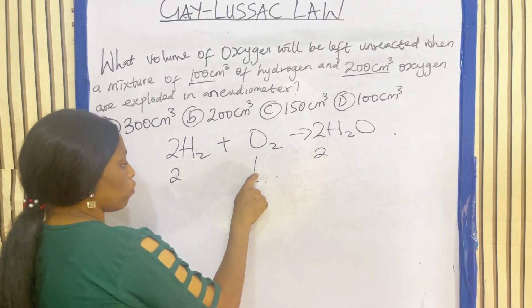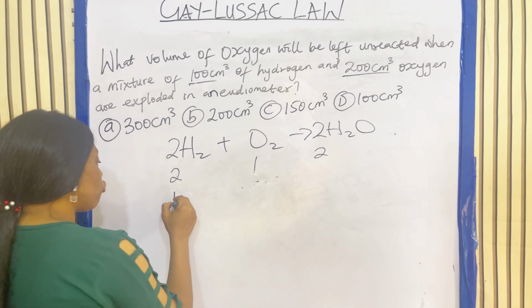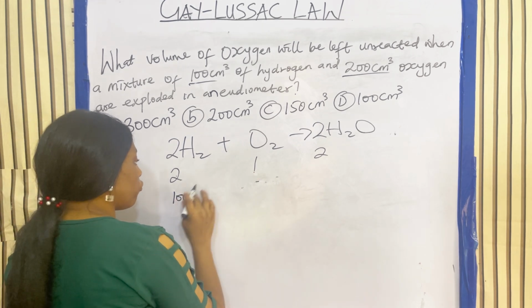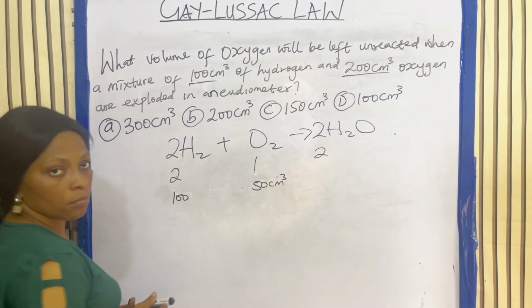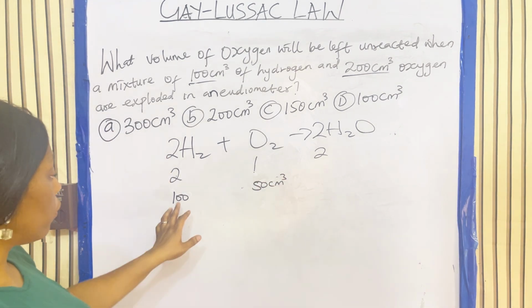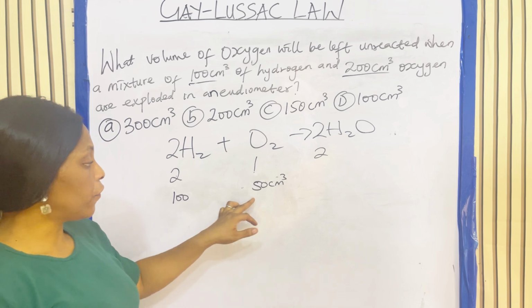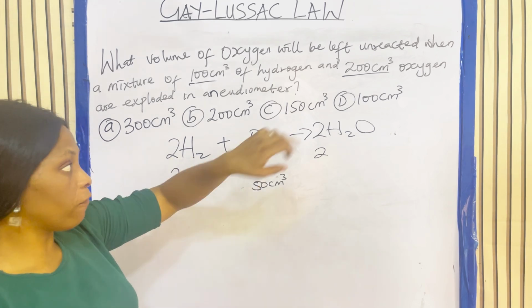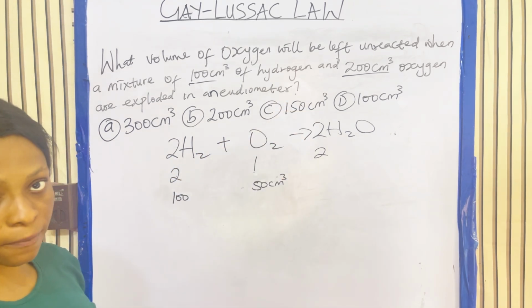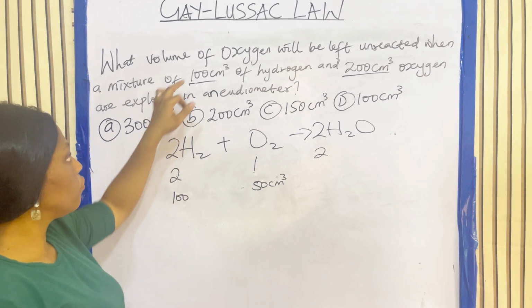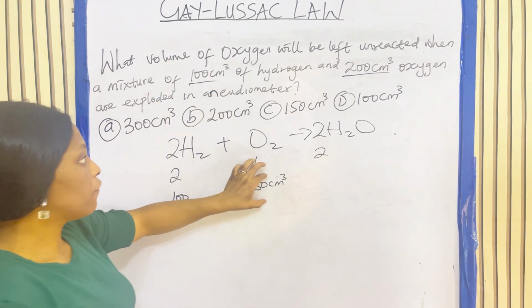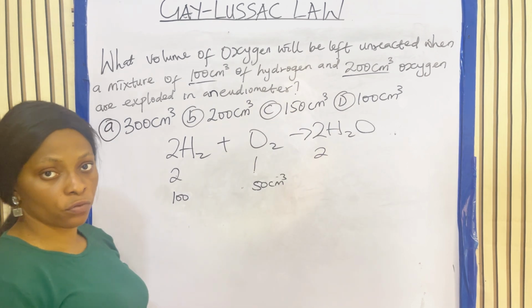So 100 will produce how many? 100 times 1 divided by 2 will give you 50 cm cube. Are we together? So you are going to use 100 cm cube because it produced 50, which is within the confinement of 200.